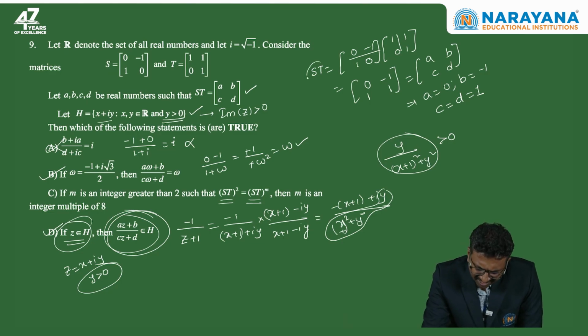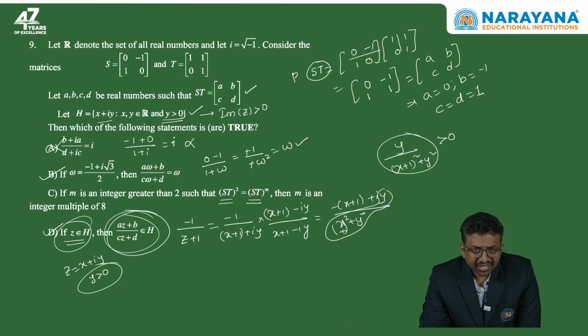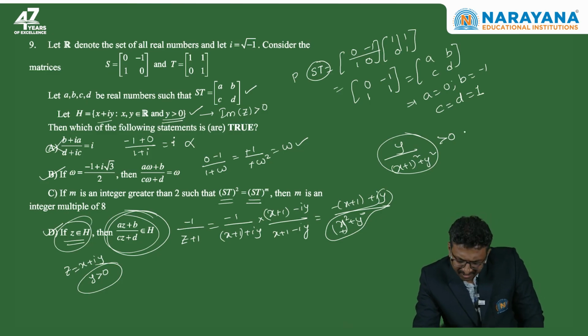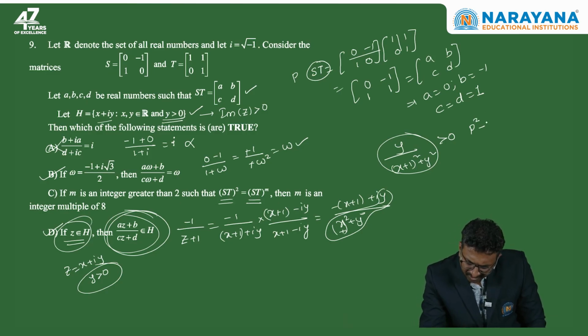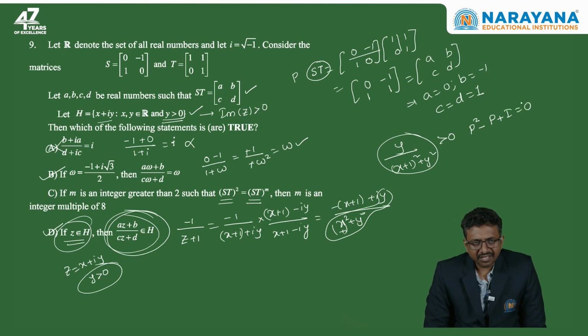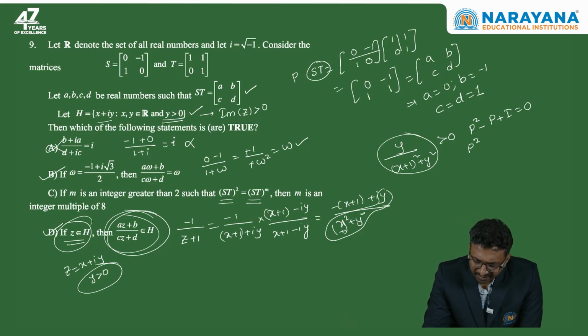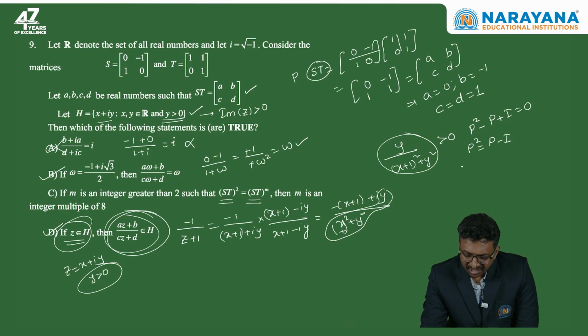Let us call ST as P. So let us try to write the characteristic equation for P. P square minus trace of P into P plus det of P into I is equal to 0, where the trace is 1 and the det is 1. So from this, P square is turning out to be P minus I. That is, ST square is turning out to be ST minus I.